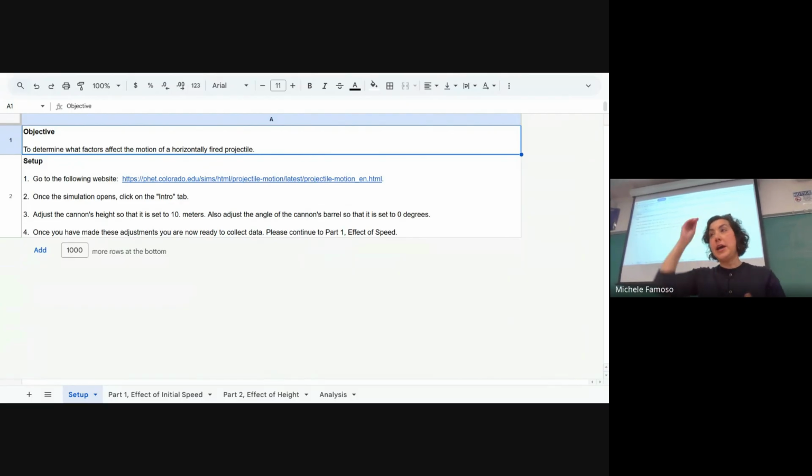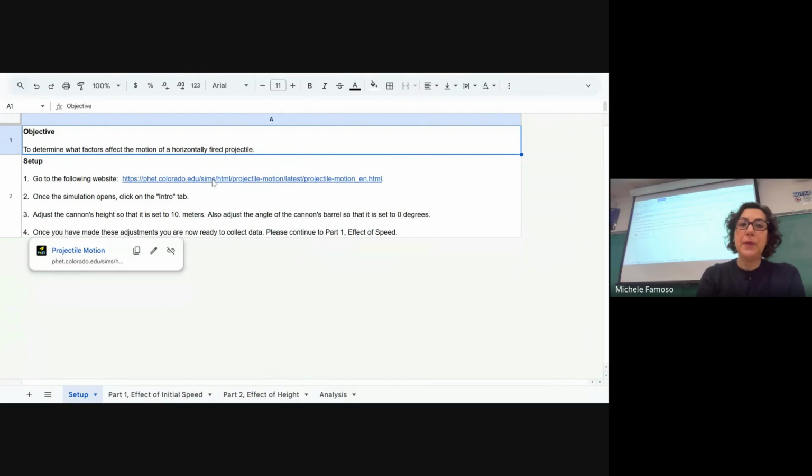All right, so as we work on this lab today, you'll see that linked to the lab is a simulation. Go ahead and click on that simulation for projectile motion, and I'm going to walk you through setting it up.